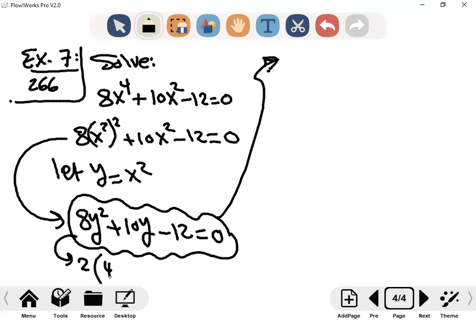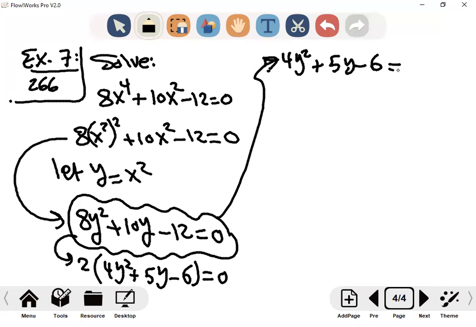What will this be? 4y power 2 plus 5y minus 6 equal 0. Of course, divide 2 by both sides. Divide 2 here, divide 2 there. The equation will be 4y power 2 plus 5y minus 6 equal what? So I will use A 4, B 5, and C minus 6. Apply delta.